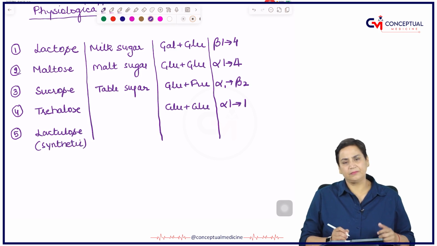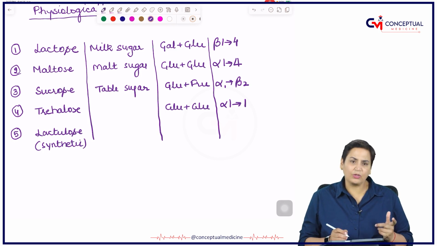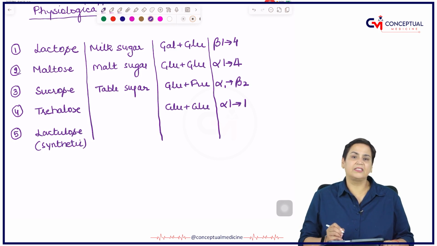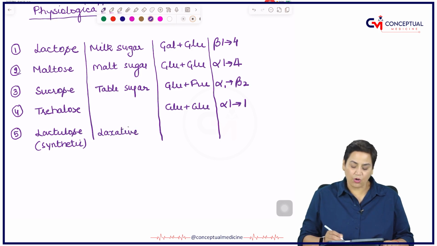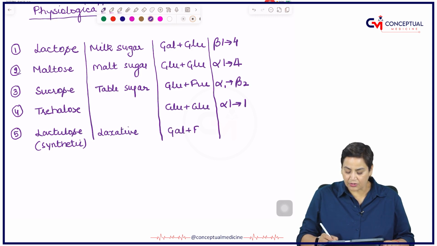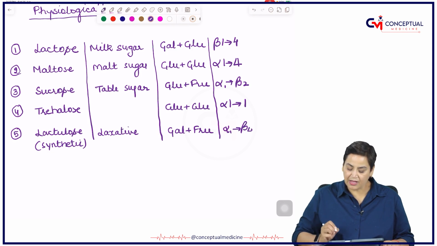If we talk about its function, it disturbs the osmolality of the body, and it can be used as a laxative also. It has galactose plus fructose. Very important, galactose is alpha and fructose is beta, so the linkage is alpha 1, beta 4.